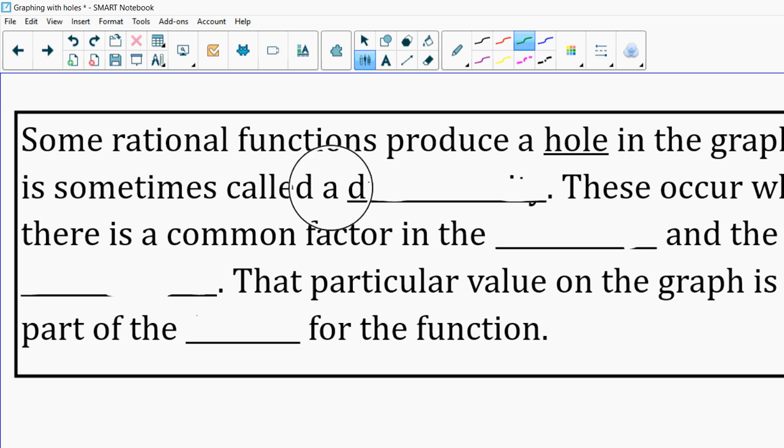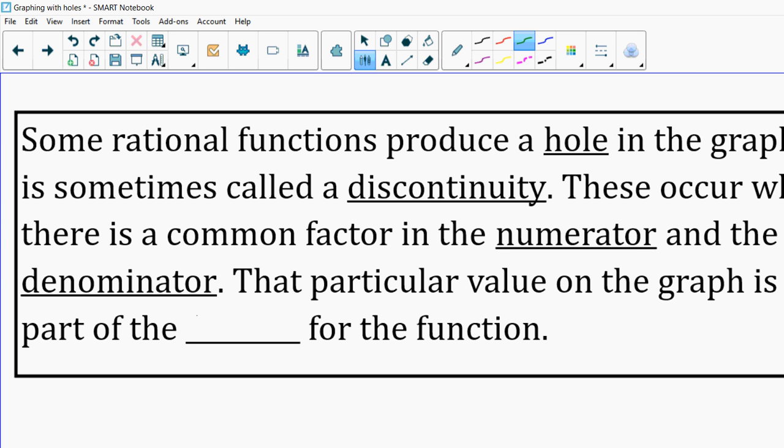This is sometimes called a discontinuity. Guys, all a discontinuity is a place where you have to lift your pencil when you're graphing. These occur when there is a common factor in the numerator and the denominator. That particular value on the graph is not part of the domain.